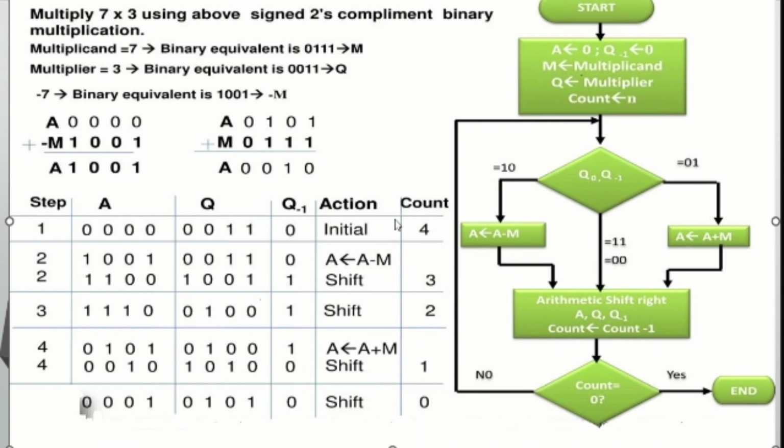We perform this operation until the counter is 0. When the counter is 0, we have the answer. When we converted this binary number into decimal, we got the answer 21, which is the required result. So, thanks.